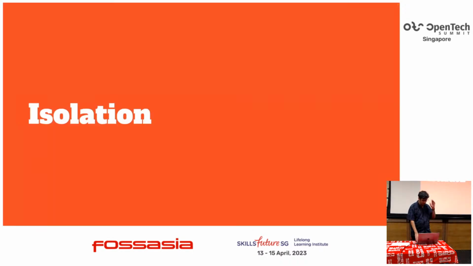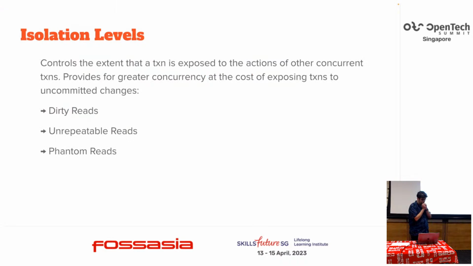All right, one other very fascinating area that I'm a big fan of is isolation, the I in ACID. What does isolation mean? It controls the extent to which a transaction is exposed to other concurrent transactions, right? Because if you think about it, you can have the simplest database possible, which is just single-threaded, and it doesn't need to do anything.